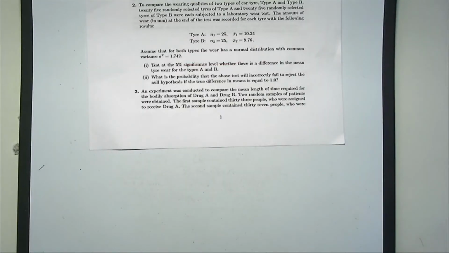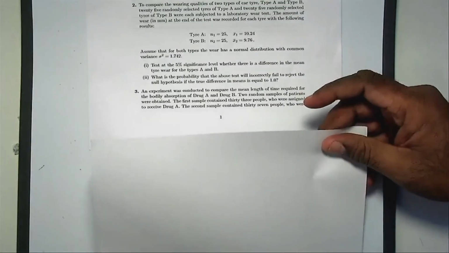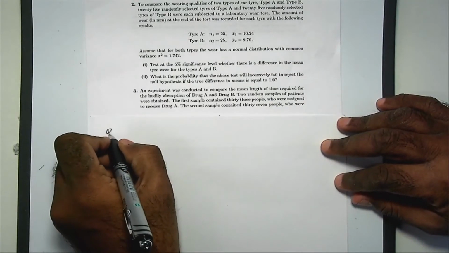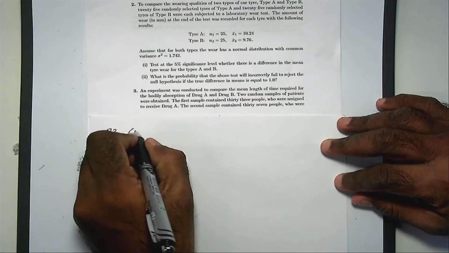The second part is to find the probability that we will incorrectly fail to reject the null hypothesis if the true difference is equal to 1. In other words, the true difference between the two population means is equal to 1. So this is question 2, part 2.